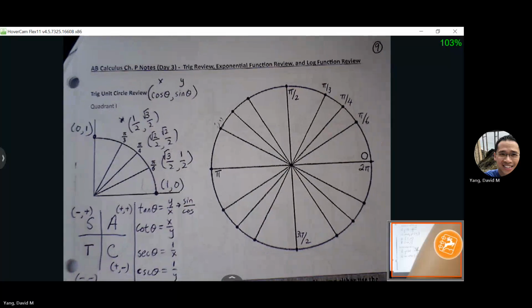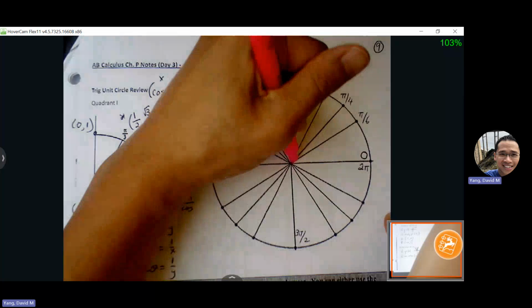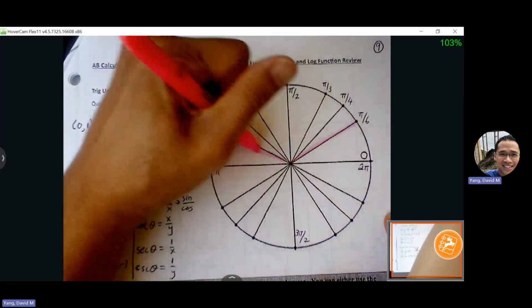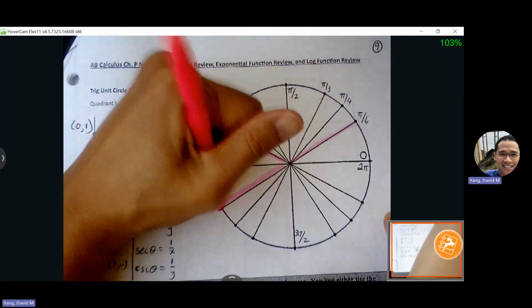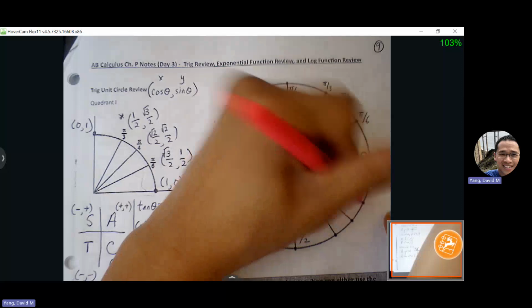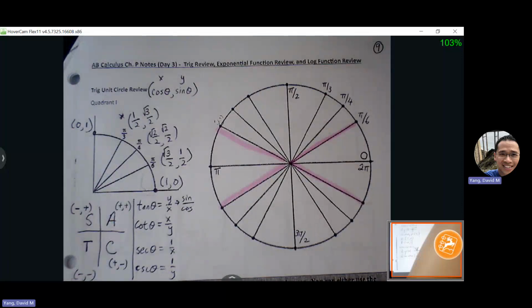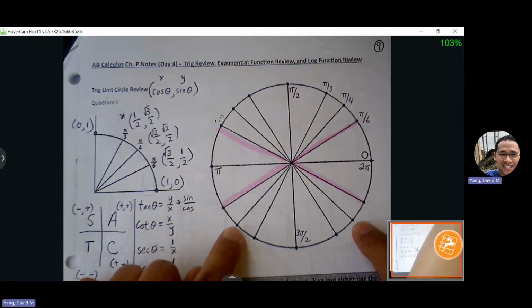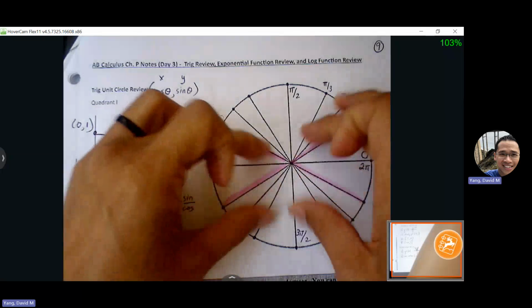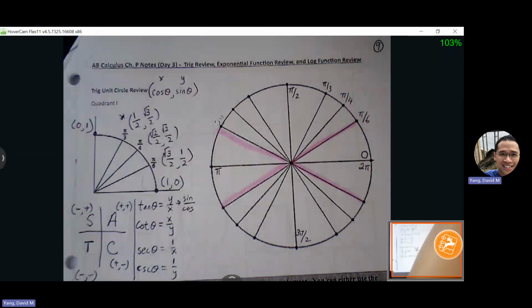Now, all the measures that are closest to the x-axis will have the same denominator. So anything that's closest to the x-axis, they will all share a denominator of 6. Anything in the middle is going to be divided by 4. Anything that's furthest away from the x-axis will be divided by 3.